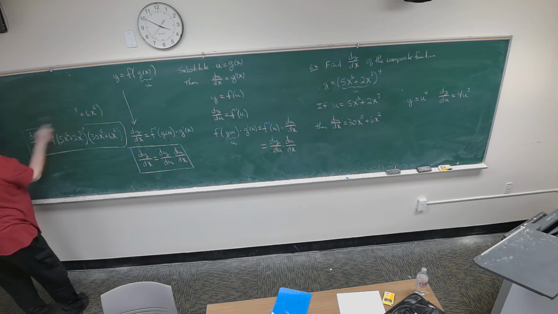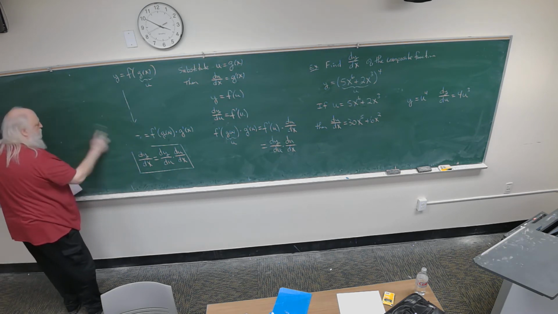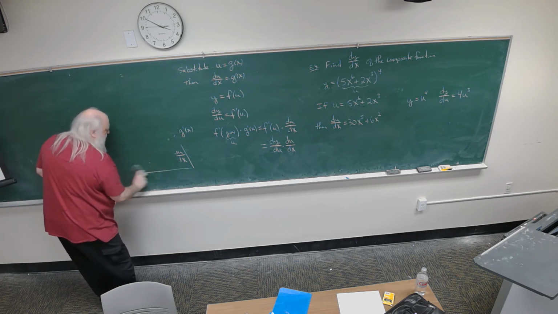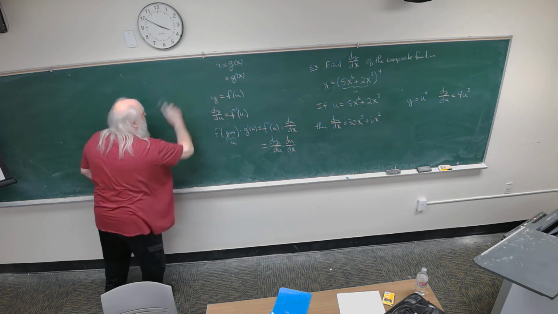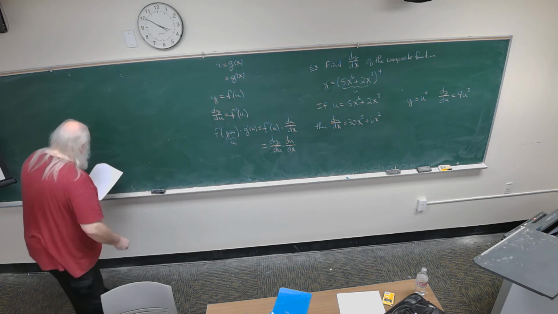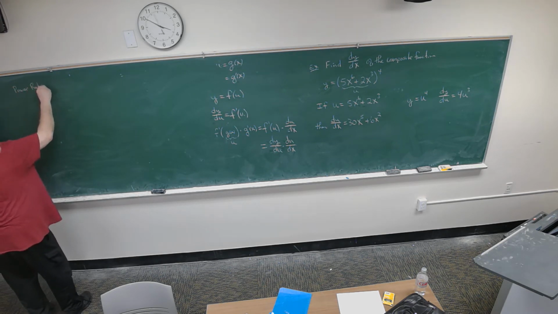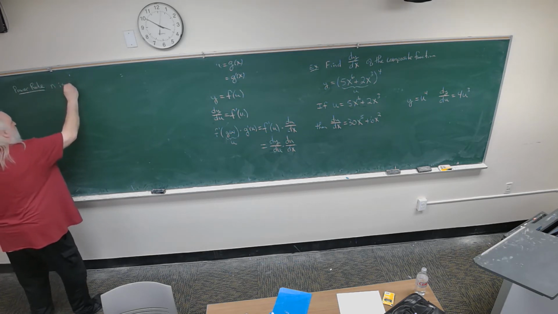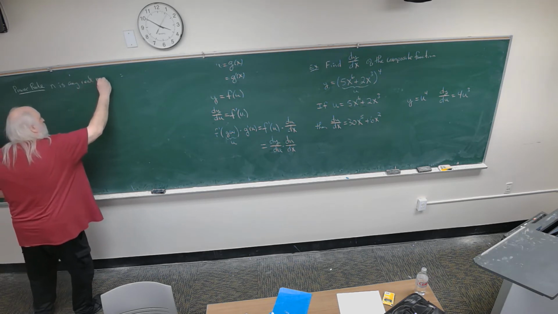So let's come up with some formulas, because there are patterns in applying the chain rule, just like there are patterns in everything else in calculus. So let's remember the power rule. n is any real number.